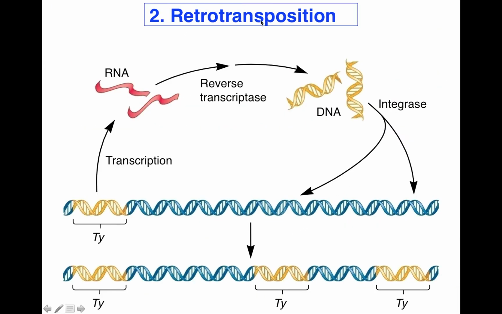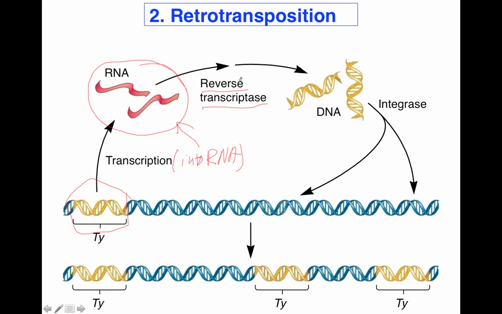Okay, what is retrotransposition? Retrotransposition occurs via an RNA intermediate. So you have a transposable element in the genome, and you transcribe it into RNA. Then another enzyme called reverse transcriptase, which has its origins in viral genomes, makes a DNA copy of the RNA.